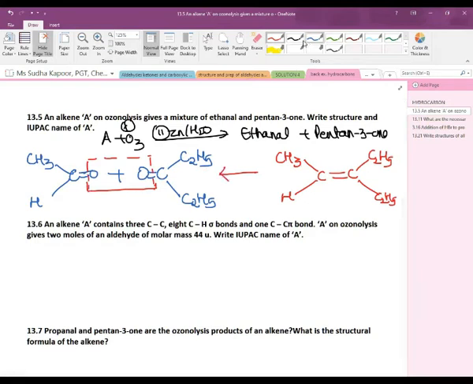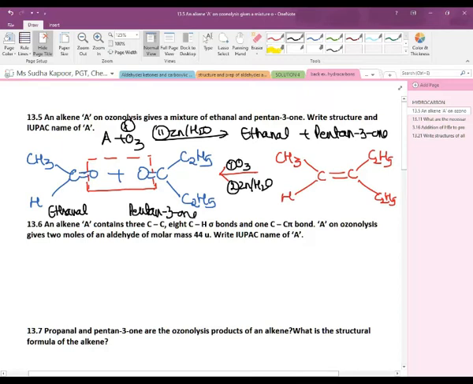The first step is adding ozone, and the second step is zinc and water. This alkene can dissociate into two products, that is, one is ethanal and the other is pentan-3-one.